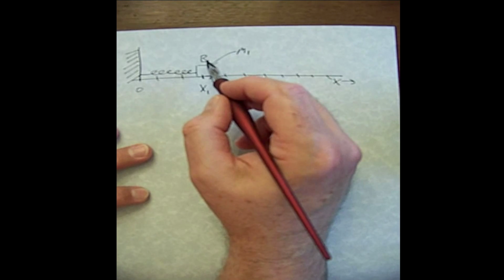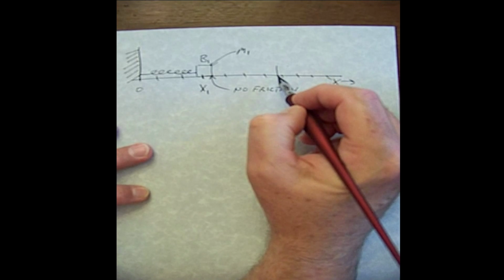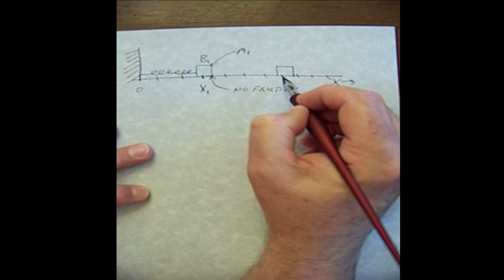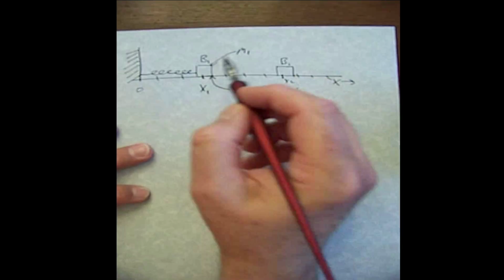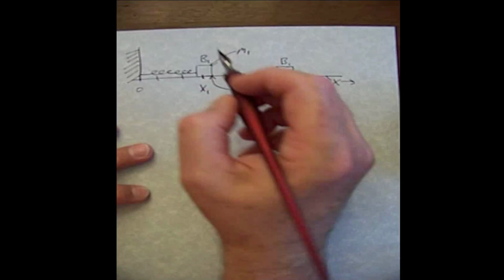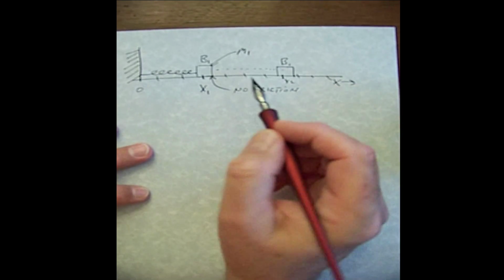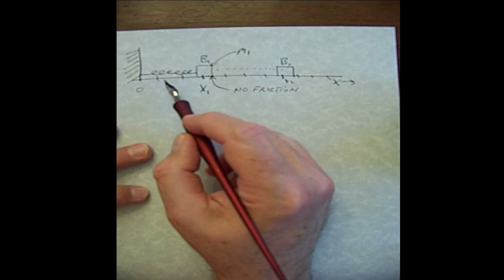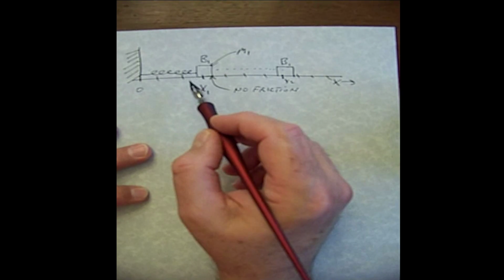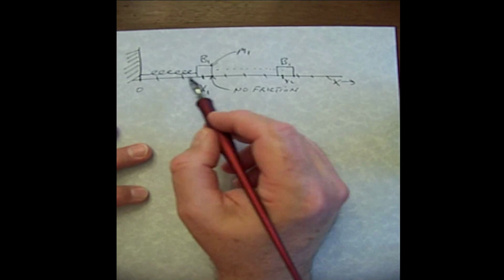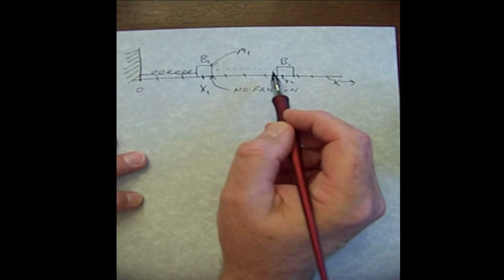So now I'm going to grab my body B1 and pull it over here to some point, we'll just say X2. So I'm going to physically grab it and pull it up to here. In the process of that, obviously I stretch the spring. And we know that when you stretch a spring, it exerts a force.